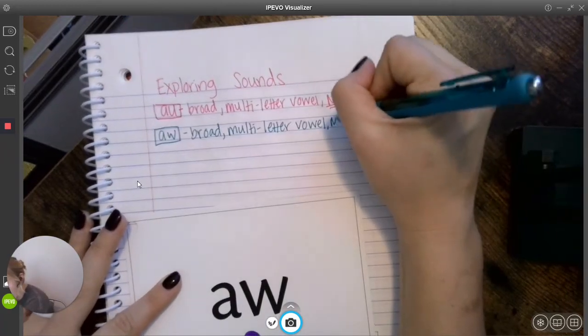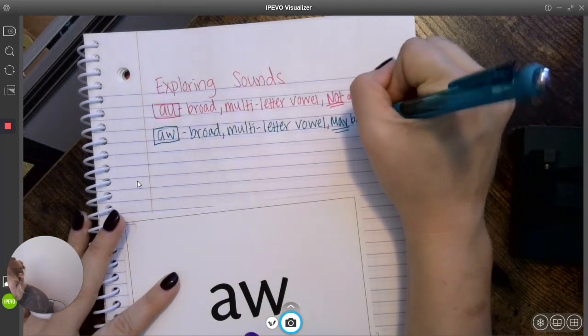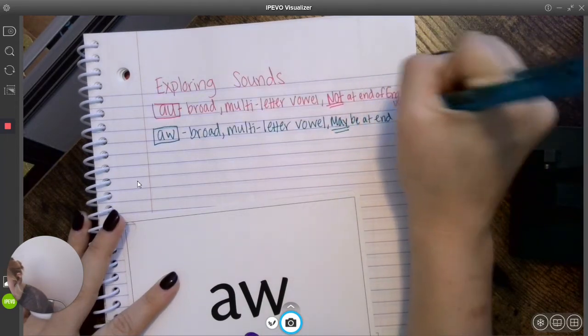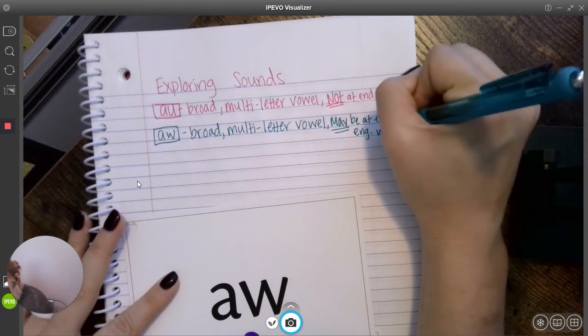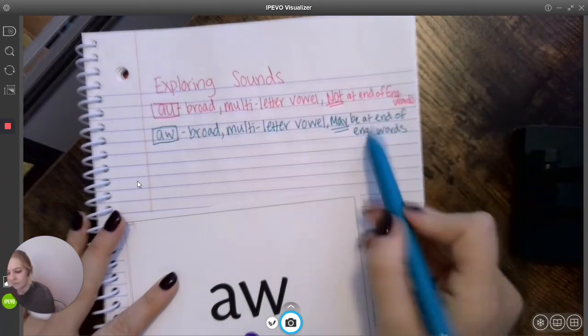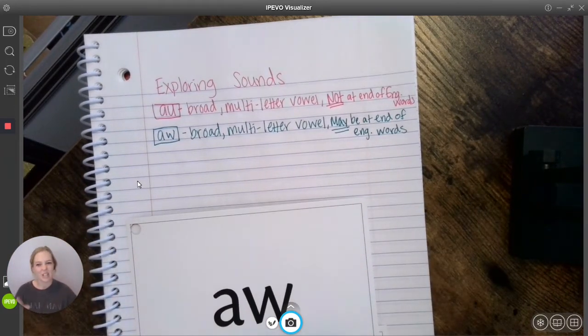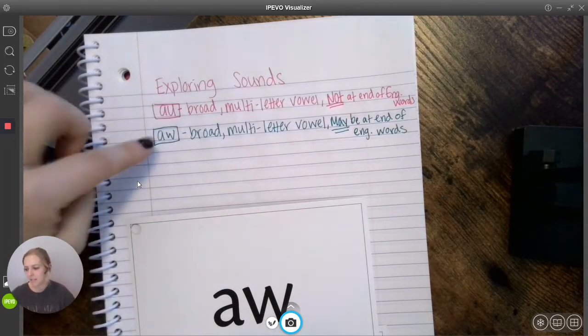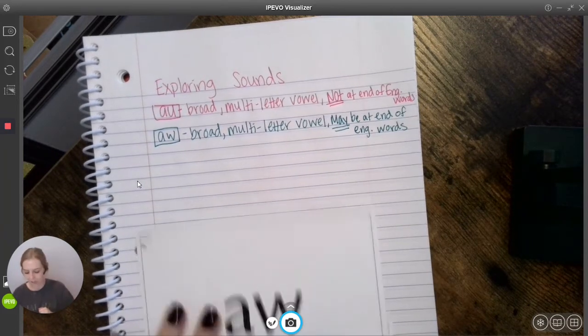And then we're going to write may be at end of English words. I just abbreviated English to ENG since I was running out of space. But that's what that means. So not and may. All right, I have one more new card to show you.